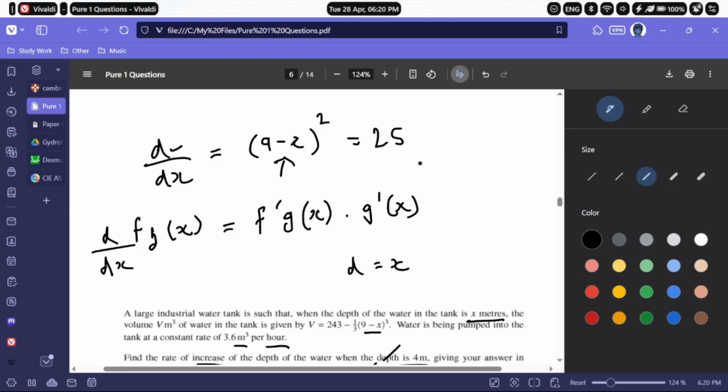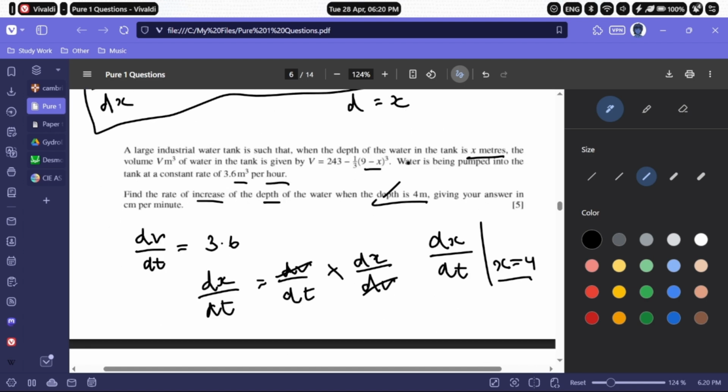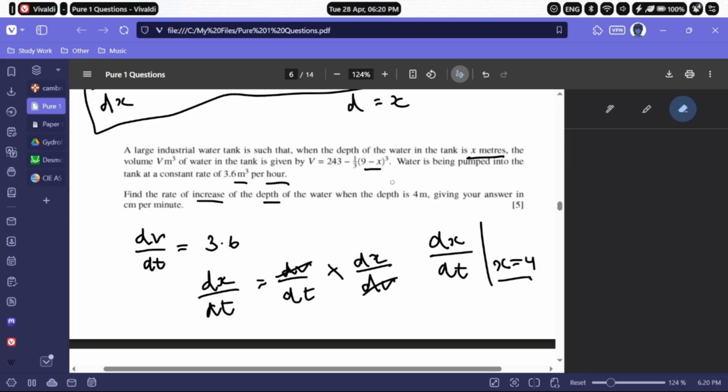Like I said, this is your rule for differentiating composite functions. So make sure you multiply it by the derivative of the inner function as well. Just keep that in mind. Anyway, now here's the thing. Just send me the question. I'll answer that in a bit. Let me just finish this right now.